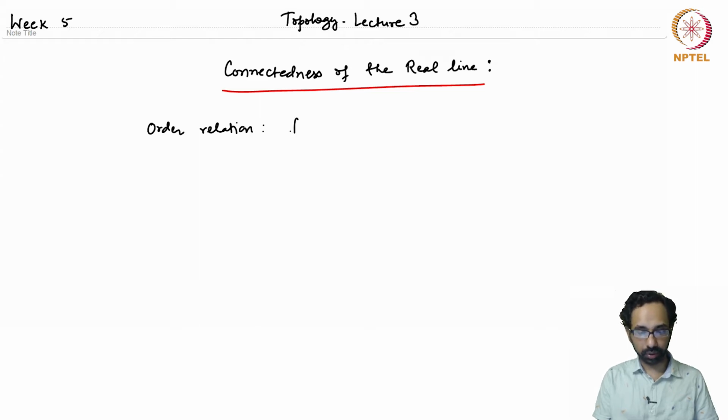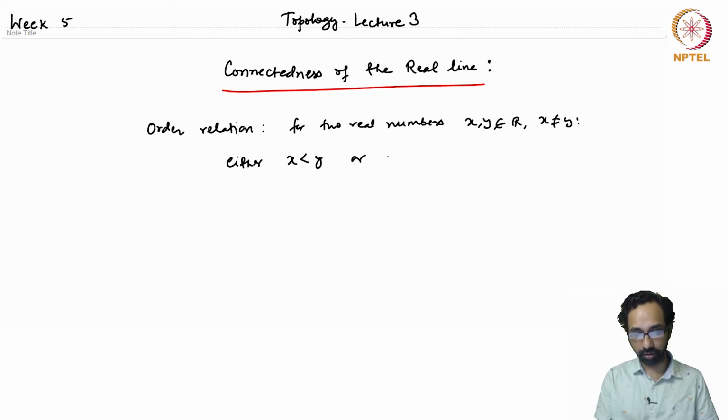So for two real numbers x and y in R, x not equal to y, we have either x less than y or y is less than x.